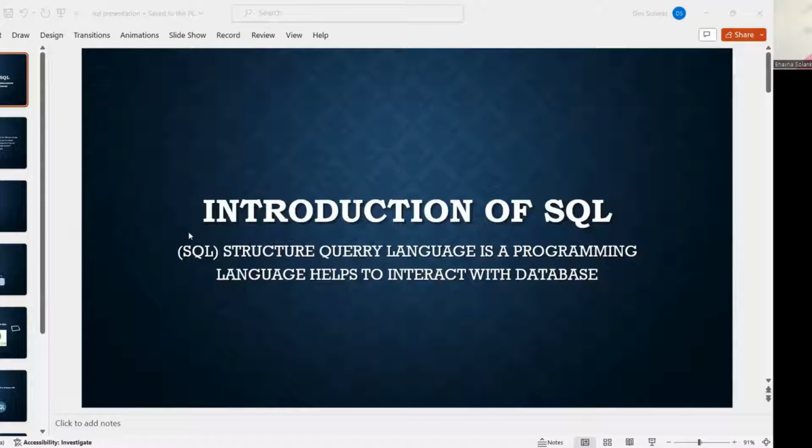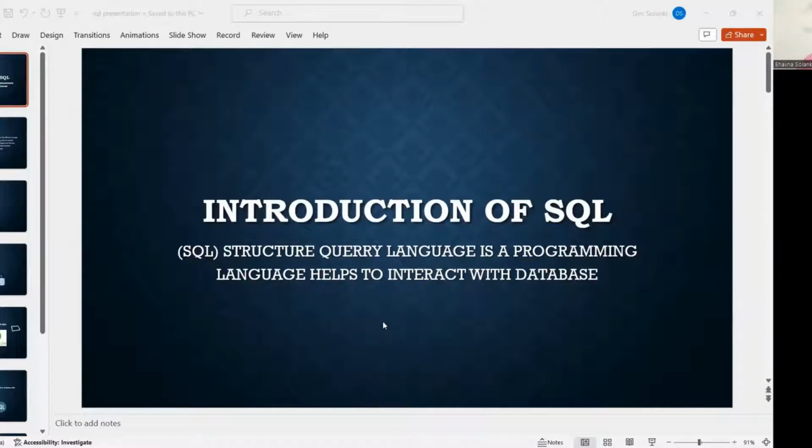Among those languages, one of the most popular languages is known as structured query language, which is most popular right now because companies like Facebook, Google, Microsoft, these big companies have a large amount of data. They maintain this large amount of data in databases.